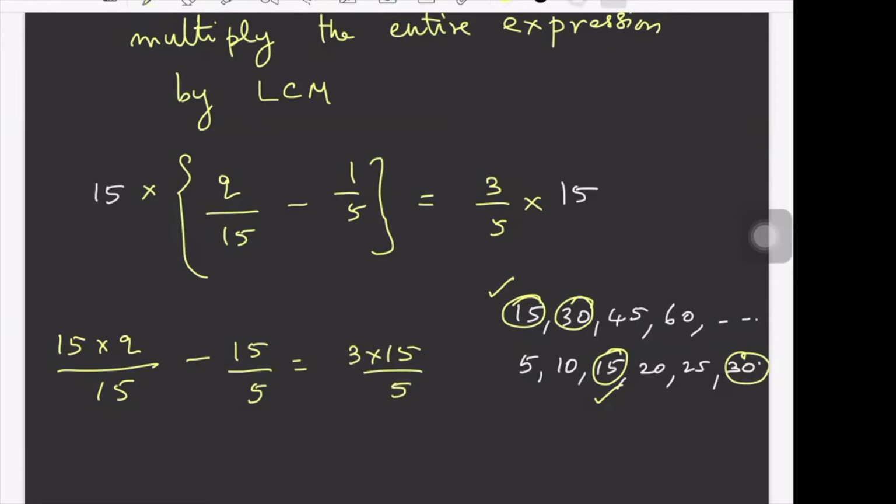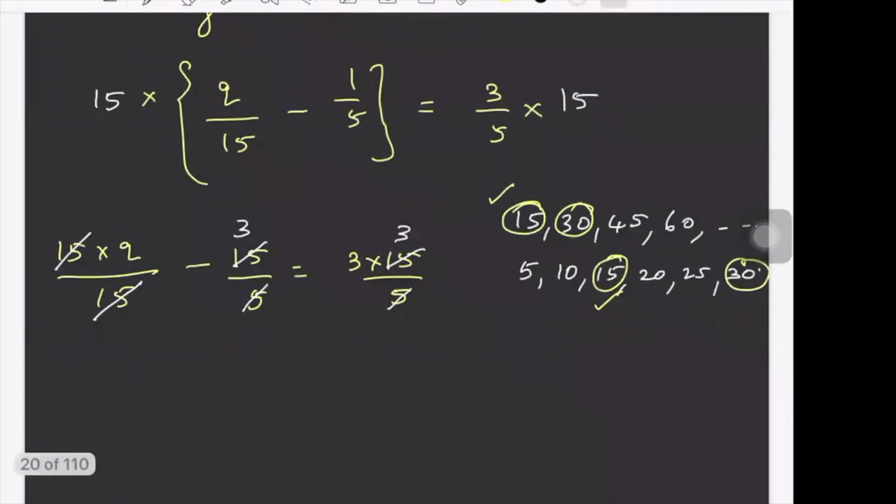So 15 by 15 is 1, 15 by 5 is 3, and here it is again 3. So we have q minus 3 is equal to 3 into 3, which is 9. So you have an expression without any fractions at all.